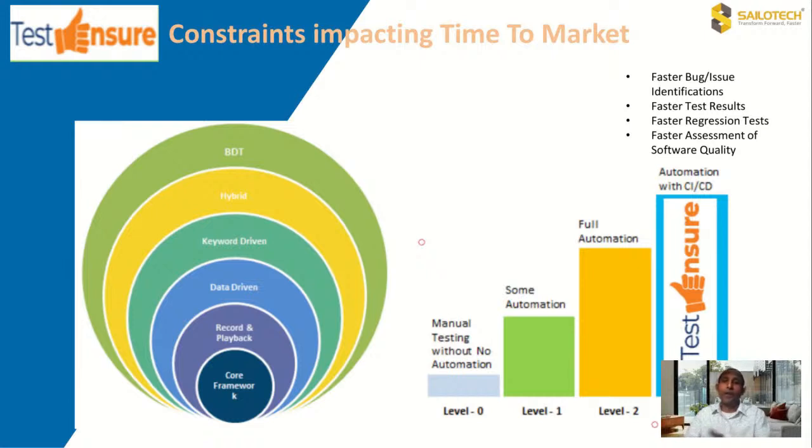Level 0 is manual testing with no automation, then some automation, then full automation, then automation with CI/CD, where you achieve faster bug detection and test results in real time, faster regression tests can be executed, and the software quality can be assessed quickly.